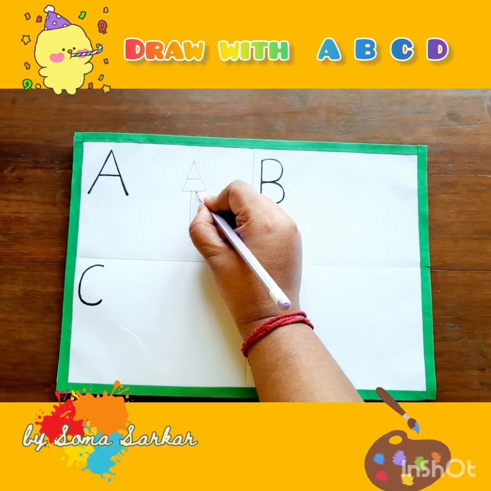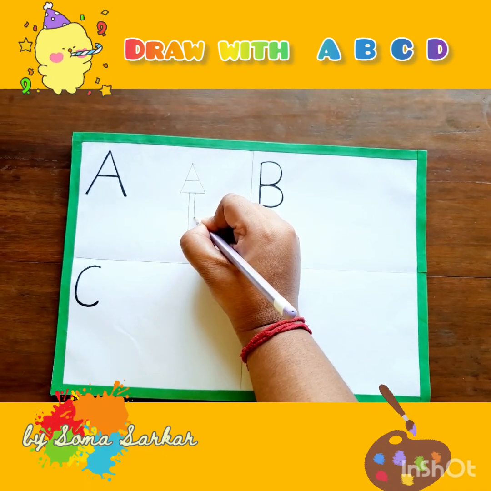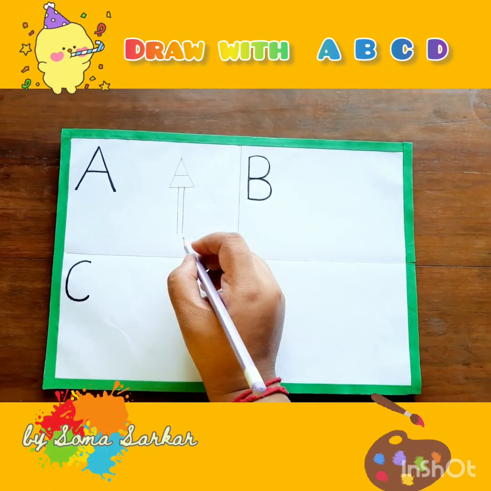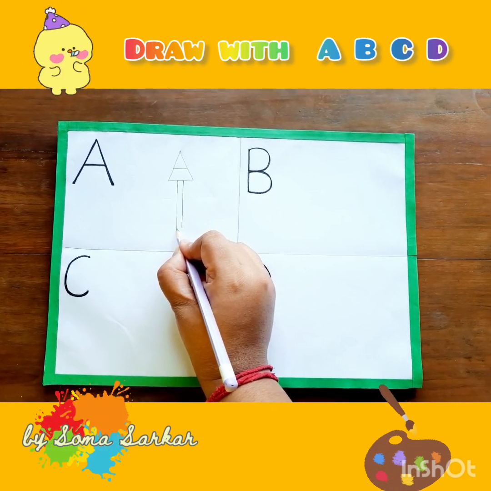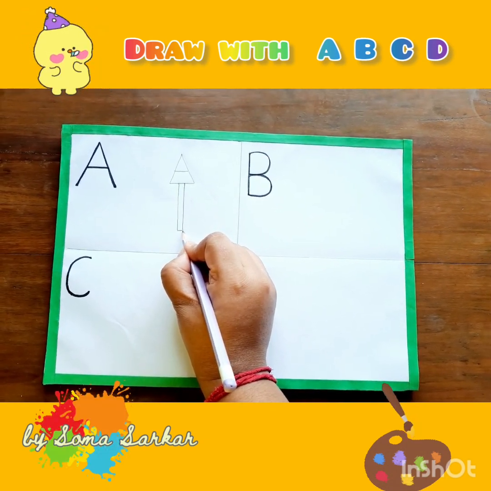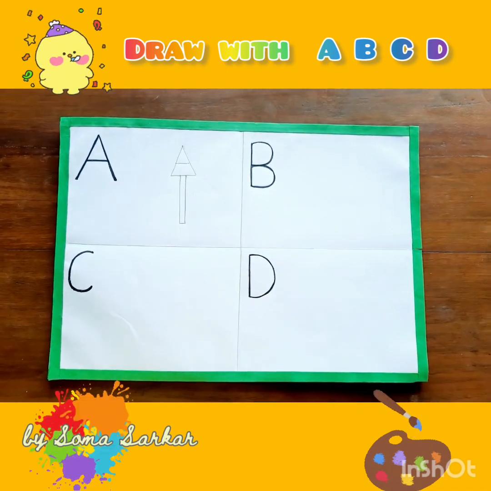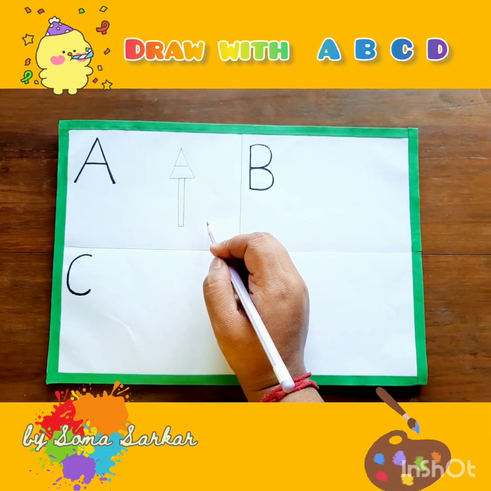Now give some gap. Draw another standing line. Same length, okay? Now join these open ends, okay? Draw a small sleeping line. Now it just looks like an arrow.